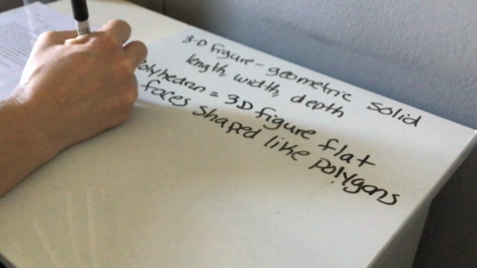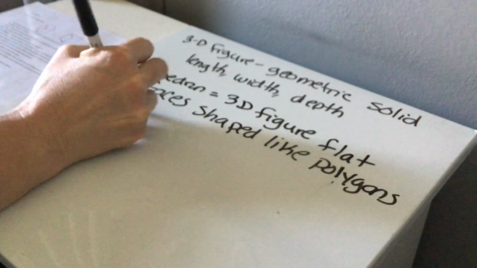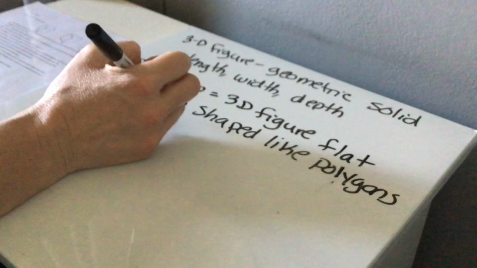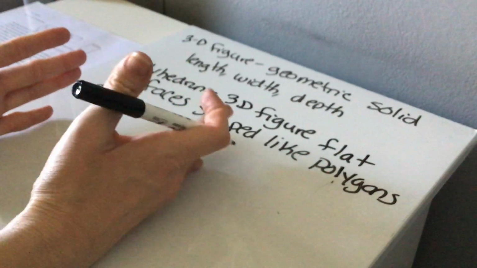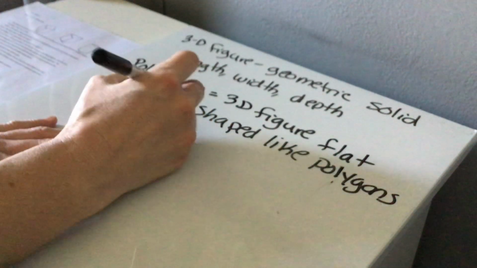An example is something called a prism. A prism has parallelograms for sides and 2 faces that are parallel and congruent.